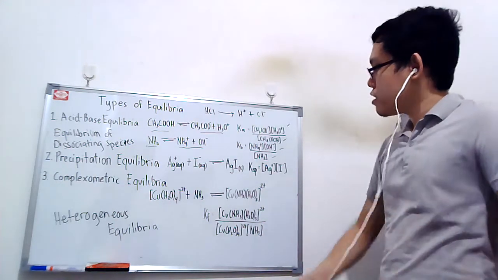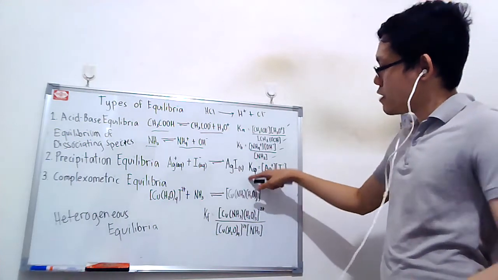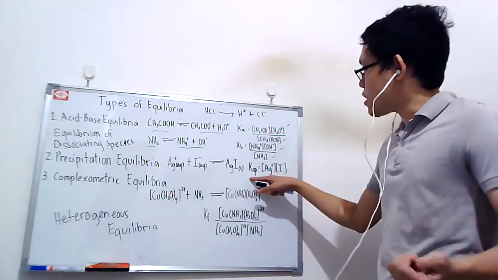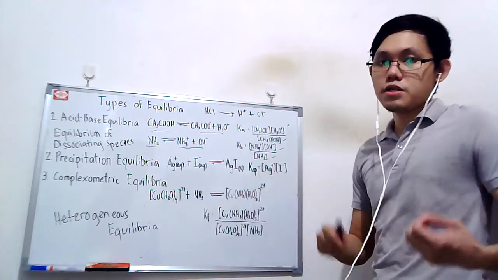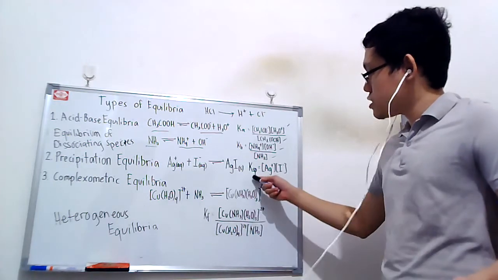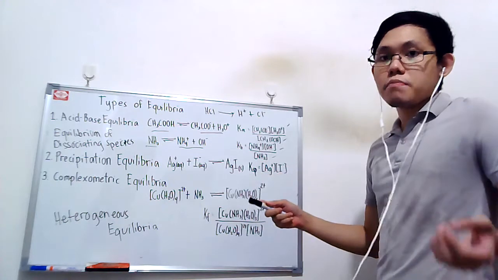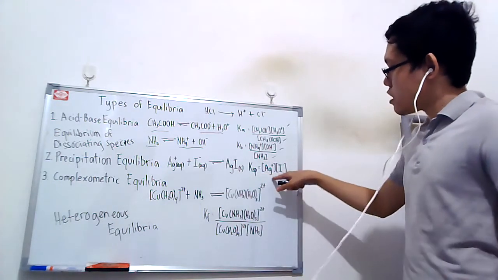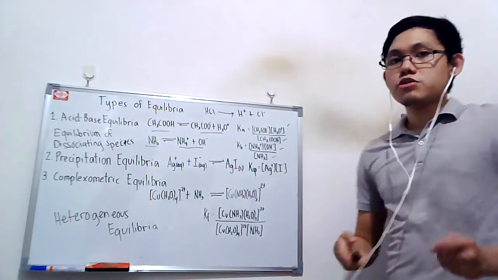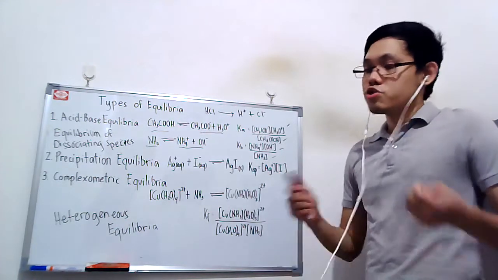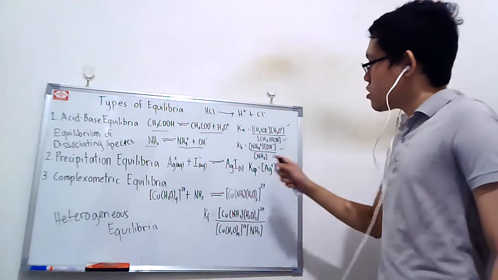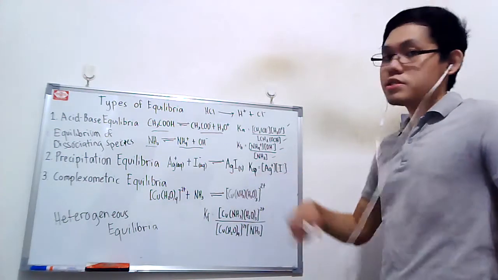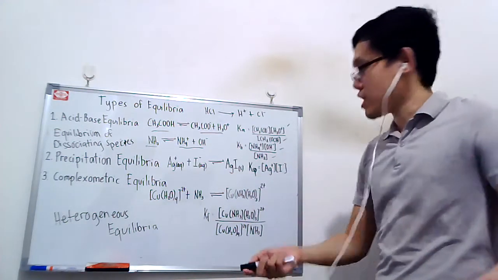So in here, we will introduce another type of equilibrium constant, which is K sub Sp. This stands for solubility product constant, which is equal to the concentration of silver times the concentration of iodide ion. Kung papansin natin, wala yung AgI dun sa equation kasi solid siya.